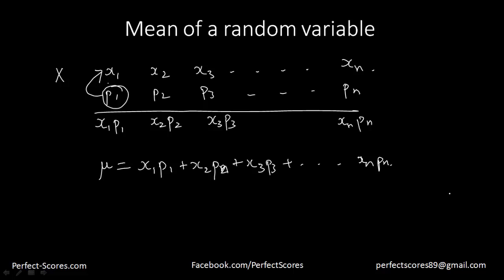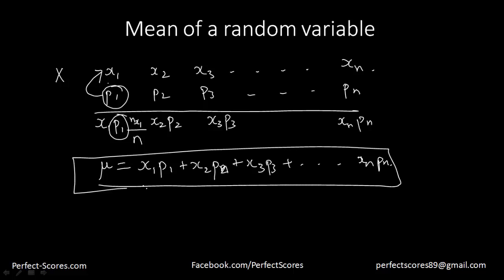Well, that is not required. Why? Because these weights, the probability, is itself the chances of x1 happening divided by the total number of chances. So that means that n is invisible here, but it's actually there. So the mean over here is going to be equal to this expression, right?